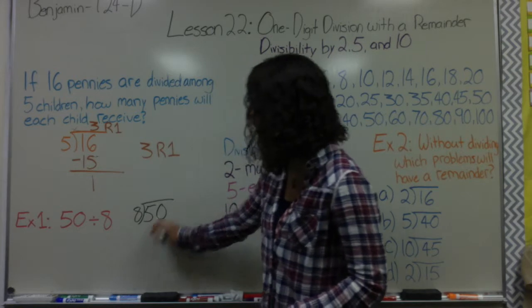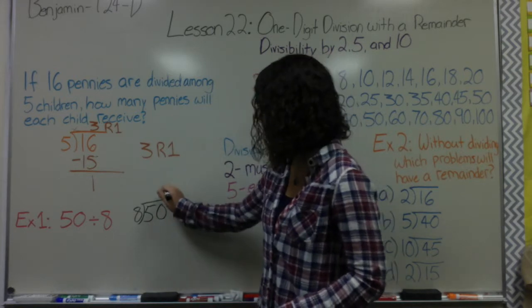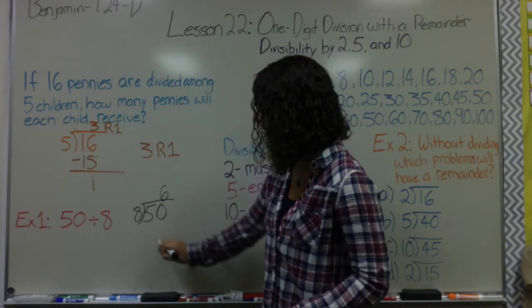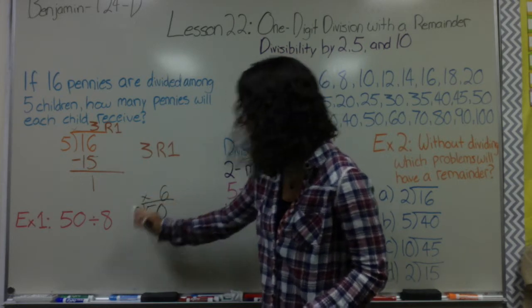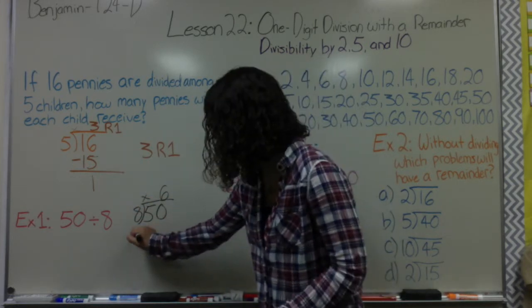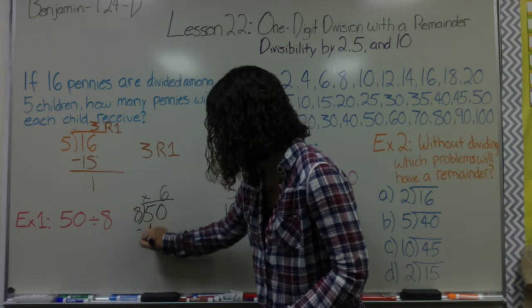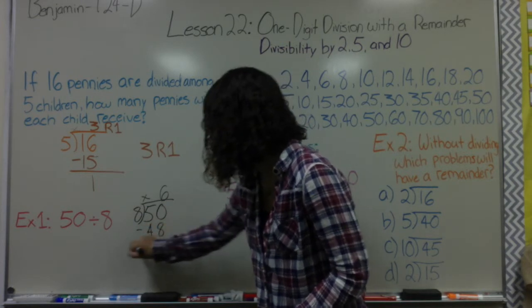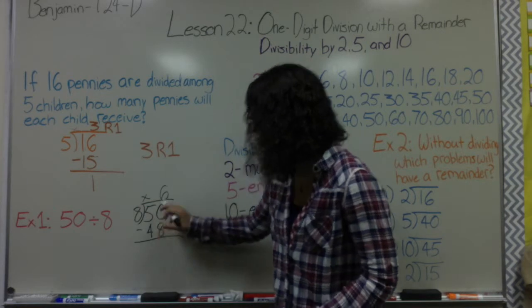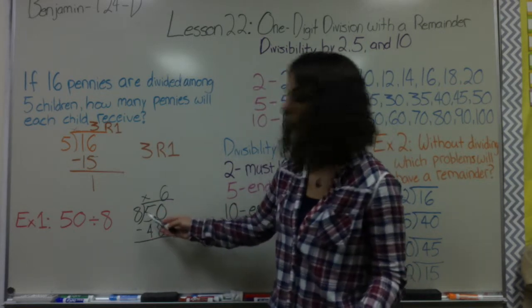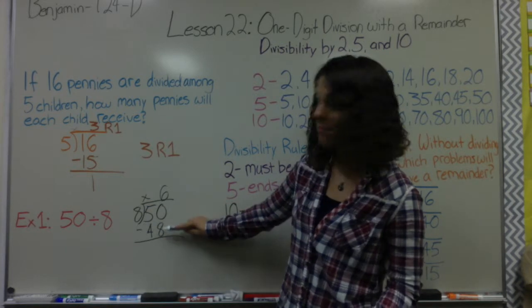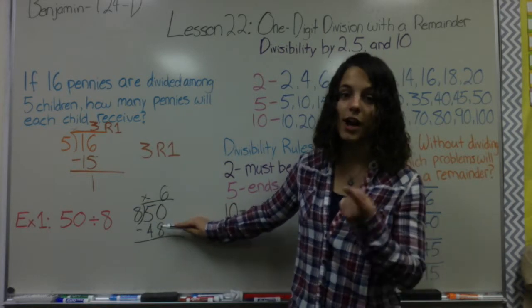My 6 goes above the 0, not the 5. So if it goes in 6 whole times, I'm then going to multiply 6 times 8 is 48. That's the number I'm subtracting. Minus 48. And this is when, instead of doing a whole bunch of borrowing in subtraction, it's easier to just count up from 48 and go 48, 49, 50.